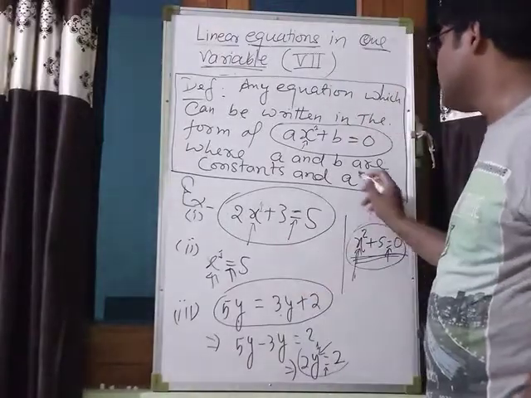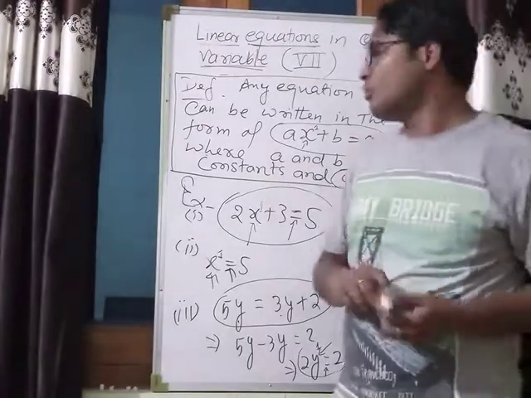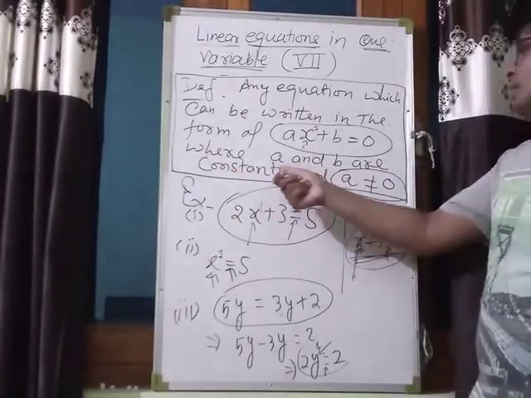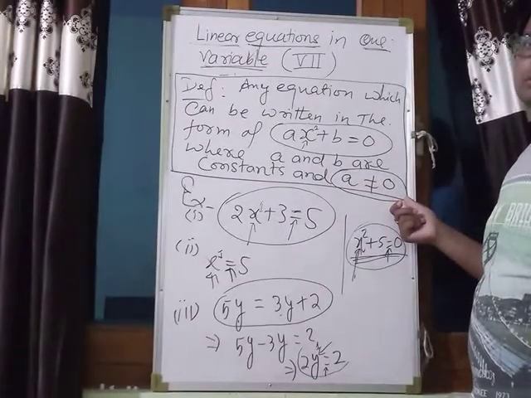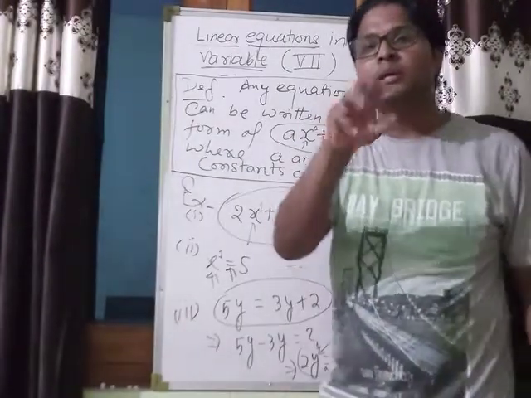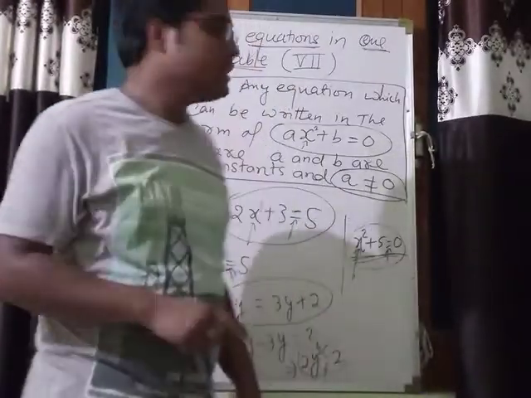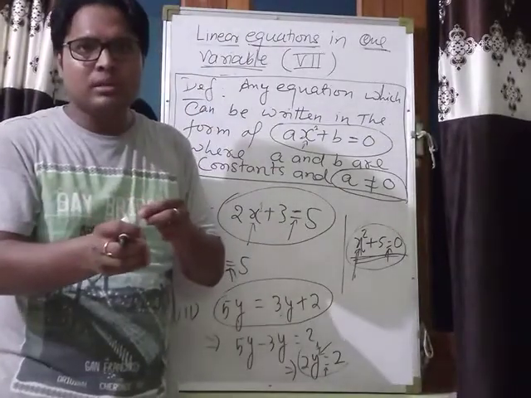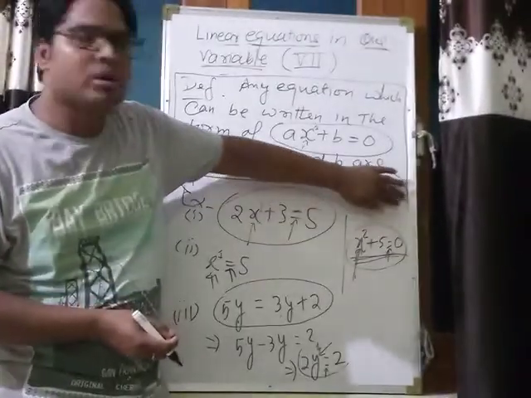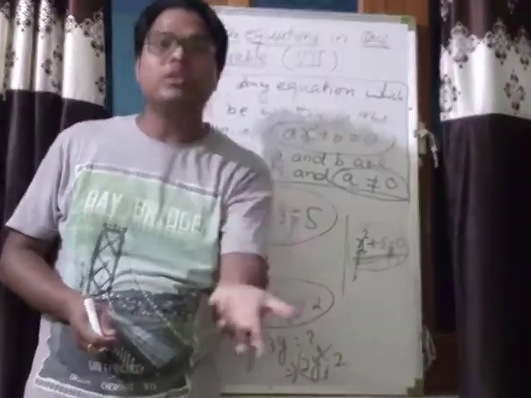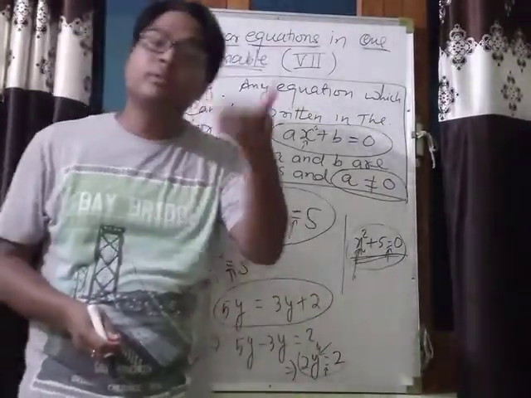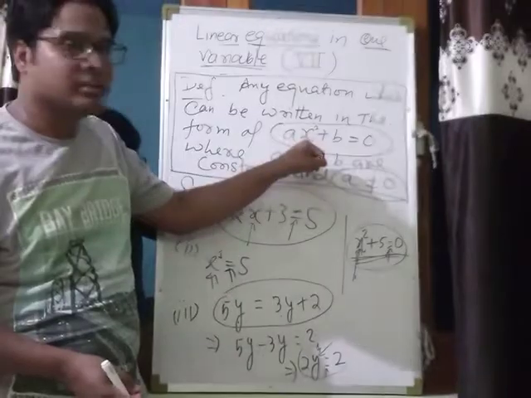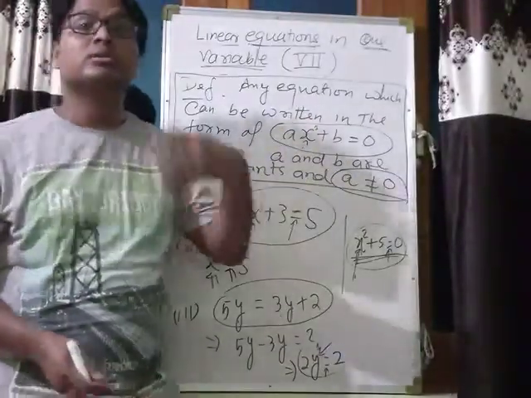Here one more thing, a should not be equal to 0. Why? The coefficient of x is a, and I have written that a should not be equal to 0, meaning the coefficient of x should not be equal to 0. Because if a becomes 0, 0 is also a constant. If we do not write that a should not be equal to 0, it may be possible that a will be 0, and then the term 0 into x will become 0.